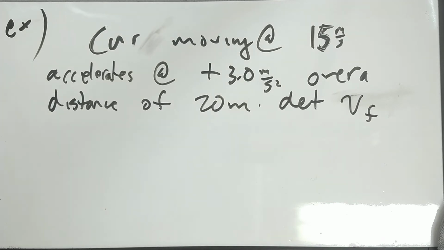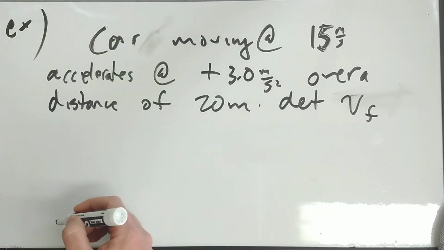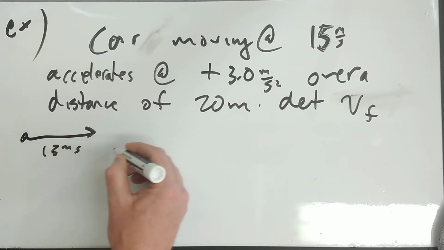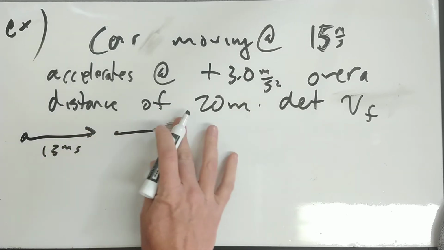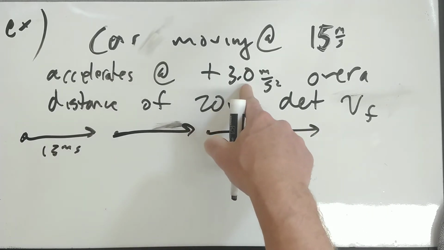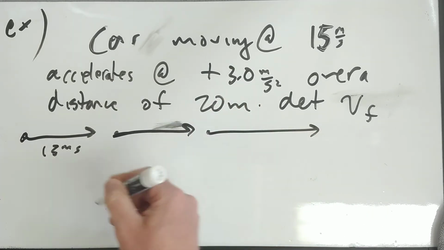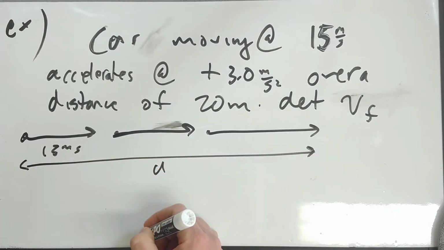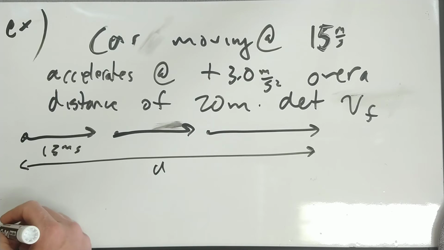All right. Car already moving 15 meters per second, so it's moving pretty fast. It's going to accelerate, so it's going to move even faster. It's going to pick up 3 meters per second each second over a distance of 20 meters. So I gave you a distance, not a time here. So first thing I'm going to do is just identify all my variables.